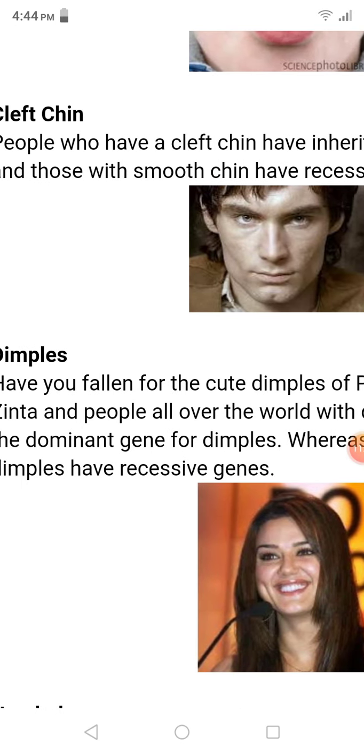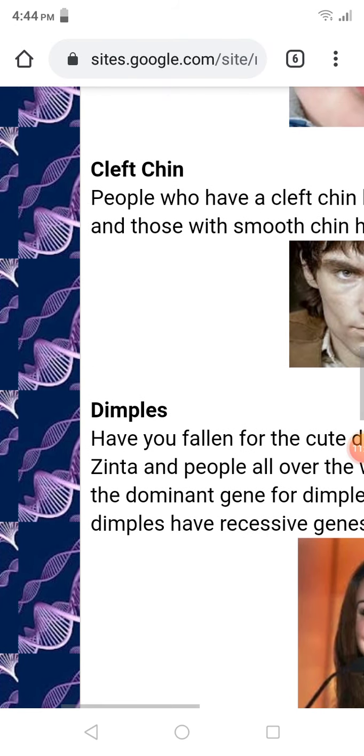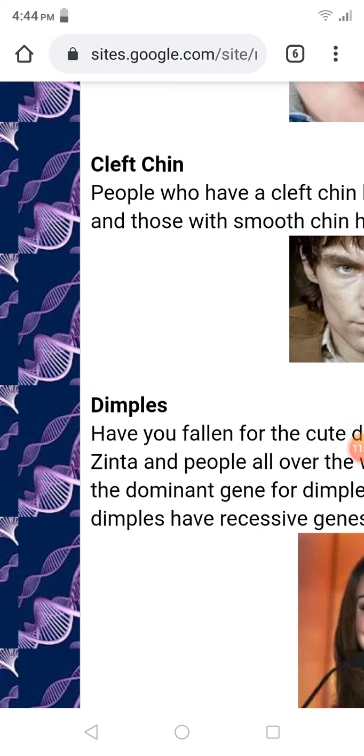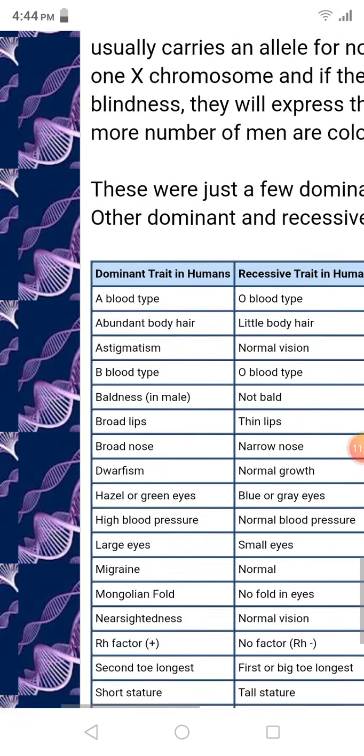And the reason and how I stumbled upon this whole cleft chin thing, when most of the time they don't post it as a common feature. Let's scroll down again.